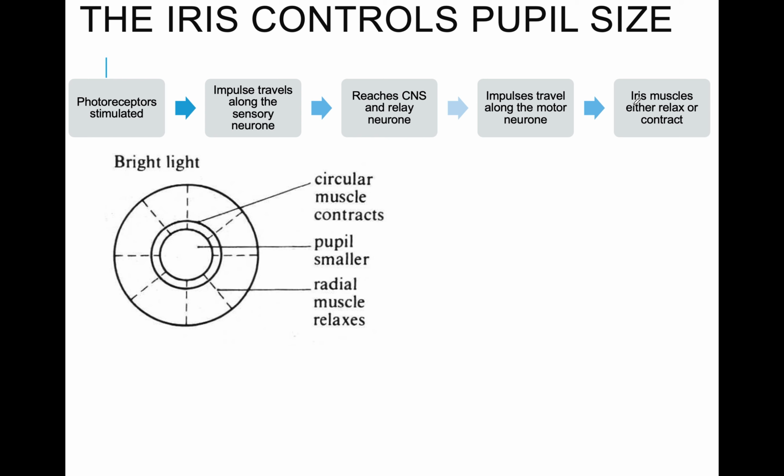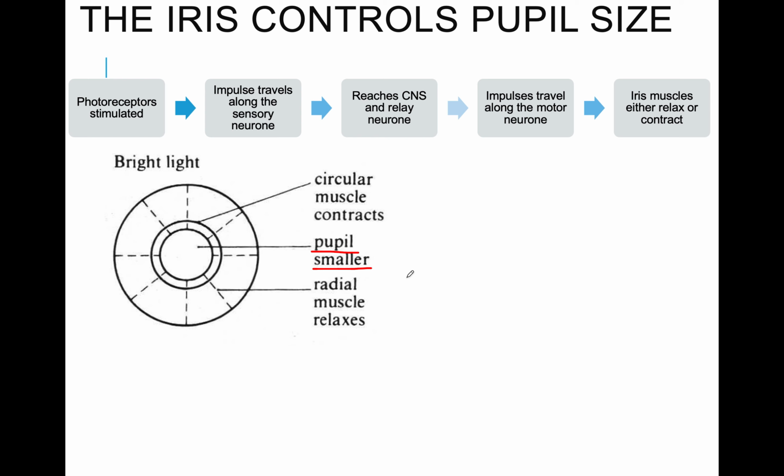In bright light, to limit the amount of light that enters the eye, or to limit the light intensity, the pupil becomes smaller. So as with all reflex arcs, this is to prevent damage to tissues.